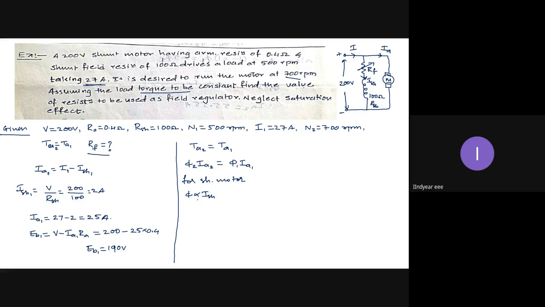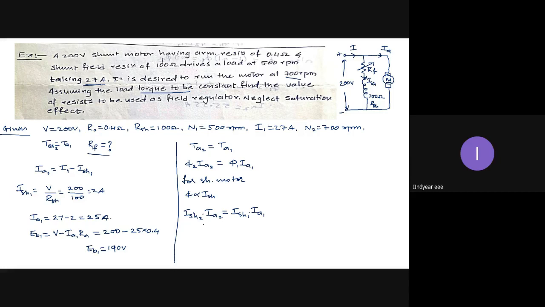So therefore, I can write ISH2 into IA2 is equal to ISH1 into IA1. Now, I don't know what is ISH2, because in the second case, a rheostat is added in the field of which the value I don't know. That is what I have to find out.